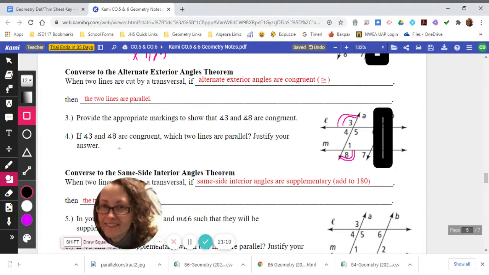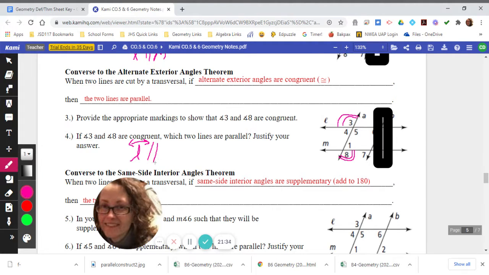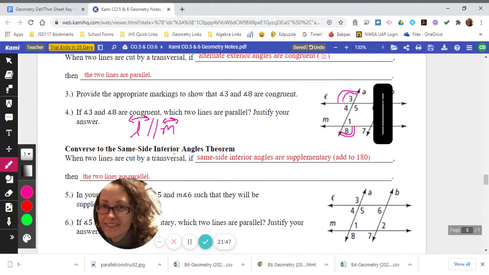It helps my eyes to focus, because now I can see a little bit clearer that the lines that would be parallel if 3 and 8 are congruent would be L and M. So the same ones as the last question. Using my proper notation, line L is parallel to line M.